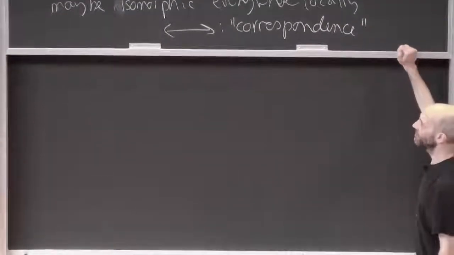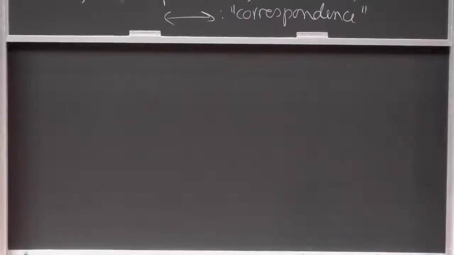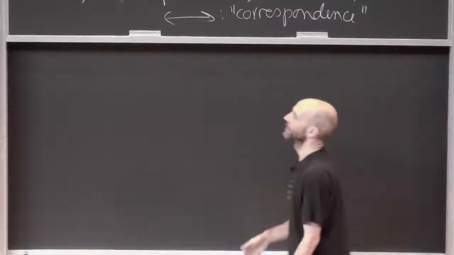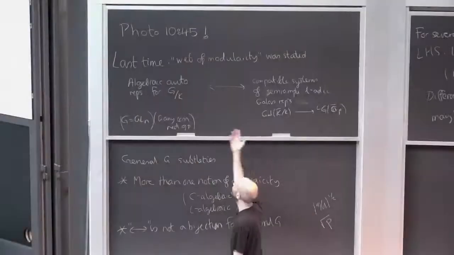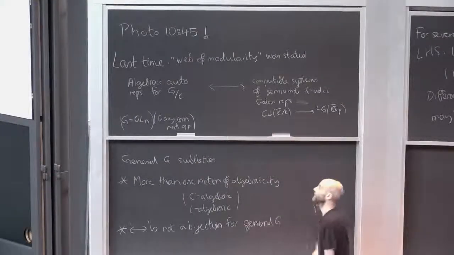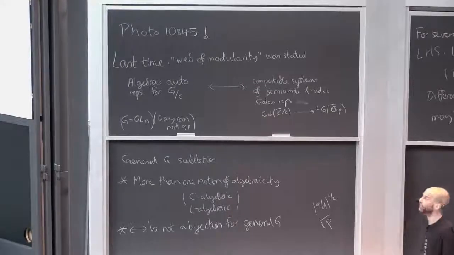And you have to make sense of it. And what Toby G and I did was we attempted to formulate this conjecture rigorously. Whether we got it right or not, time will tell.